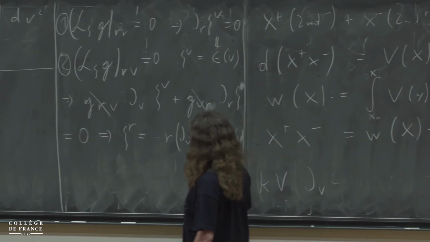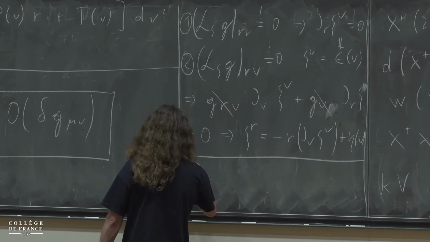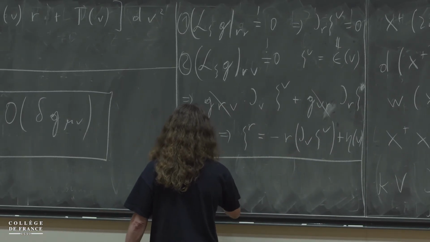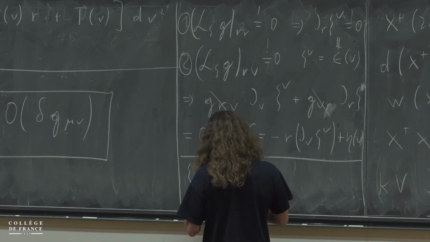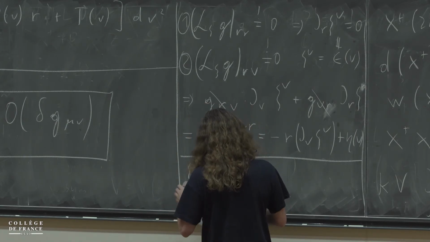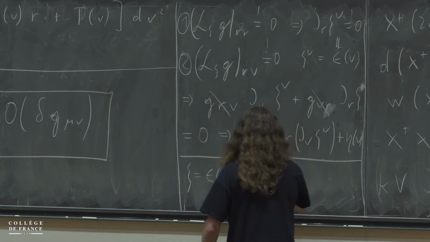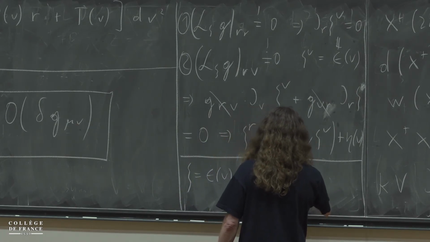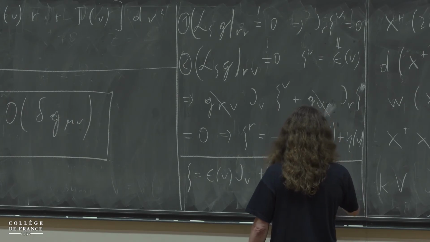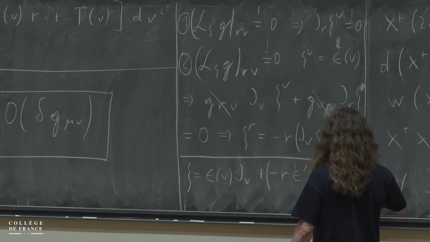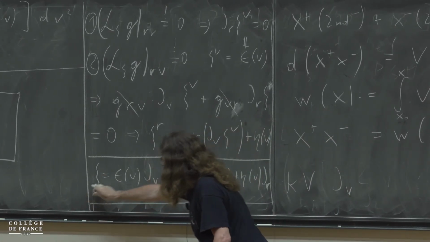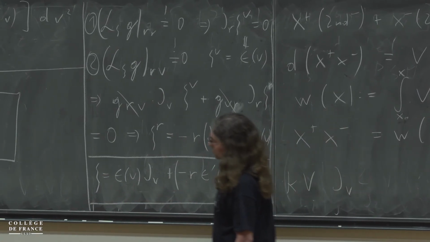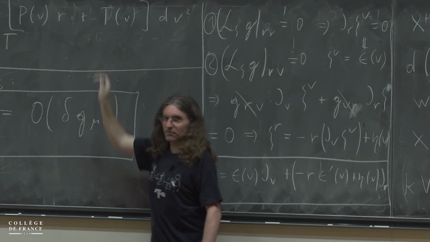So that means we have already our solution for our asymptotic killing vectors. Psi is epsilon of v dv, and then we have plus, let me write it in this way, minus r epsilon prime of v plus eta of v, dr. So these are the most general vector fields that preserve metrics of that form.